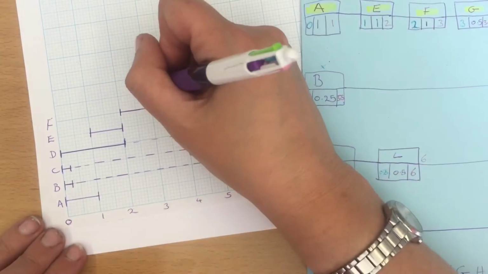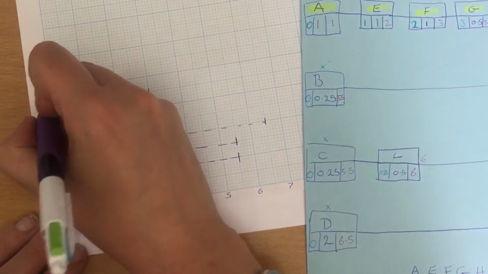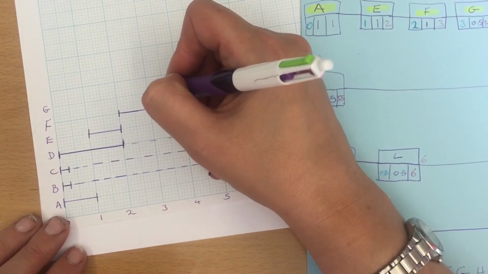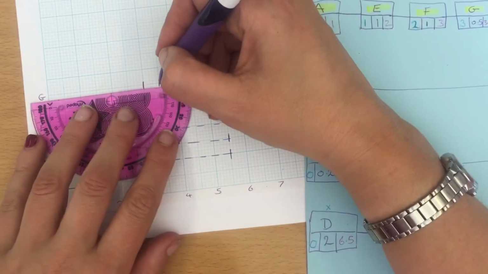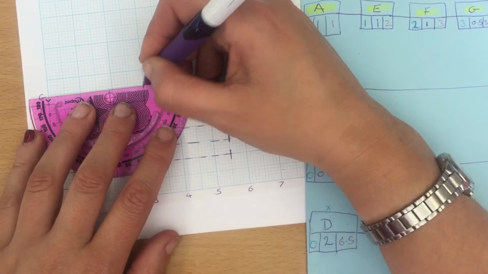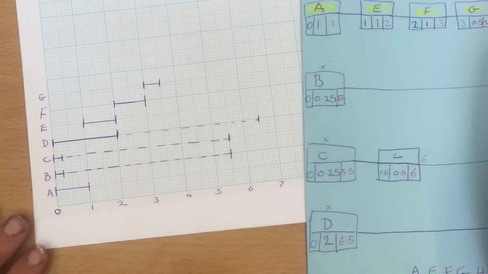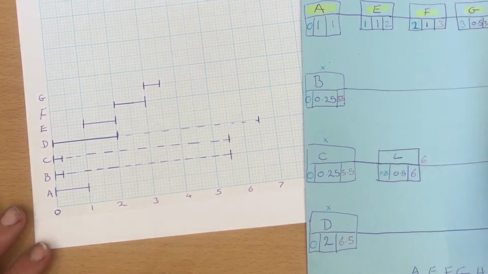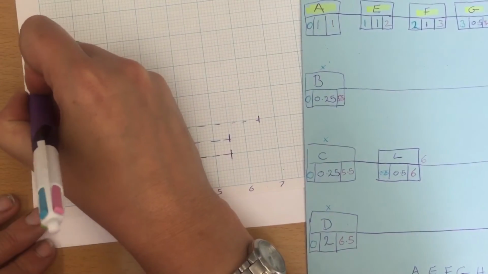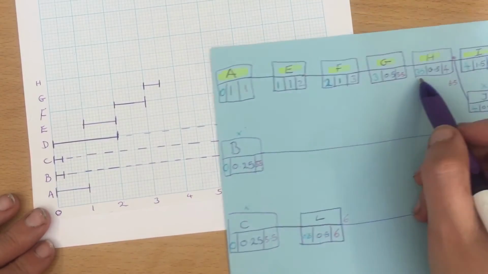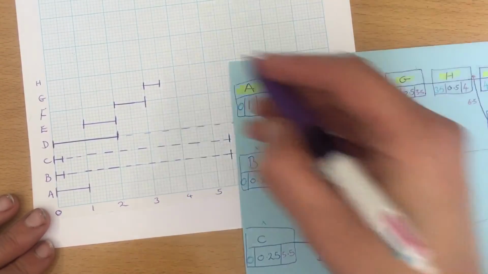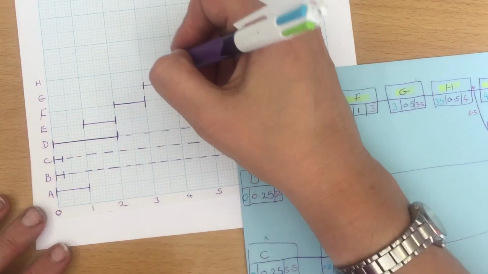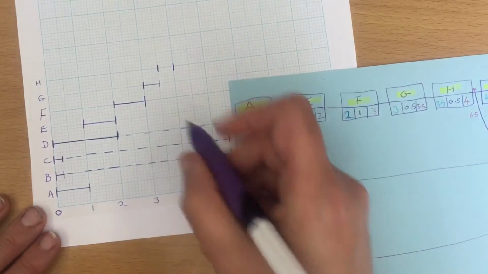G starts at 3, and G goes along by 0.5 and finishes at 3.5. Again, no float. Okay, so we have G, then we have H on our next one, and H starts at 3.5 and takes 0.5, finishes at 4.